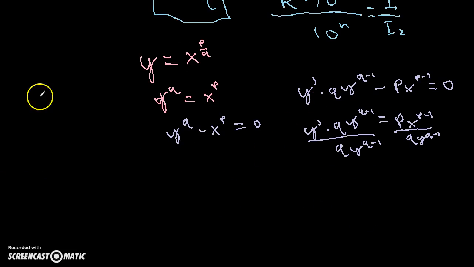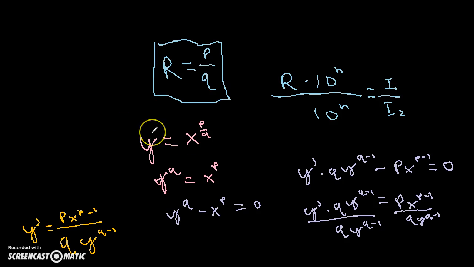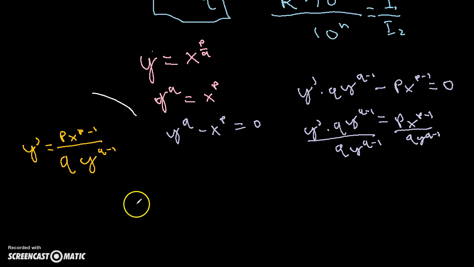Now we have that y prime equals px to the p minus 1 over qy to the q minus 1. Okay, so that's pretty good. But now we want to get this all in terms of x, so let's go back up here. y is equal to x to the p over q, so let's just substitute that in.